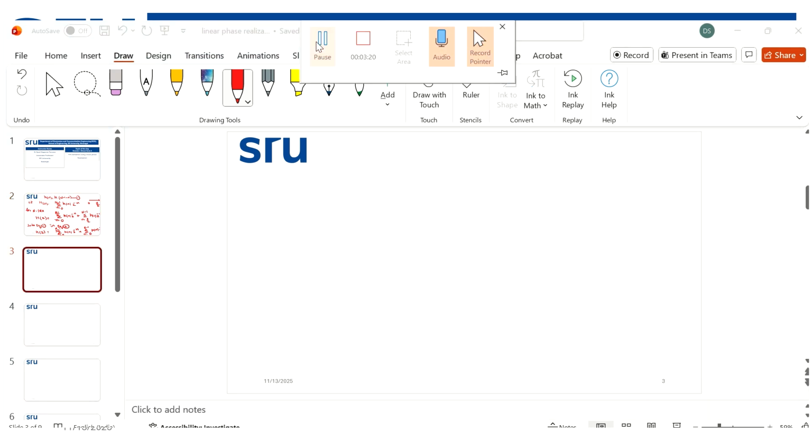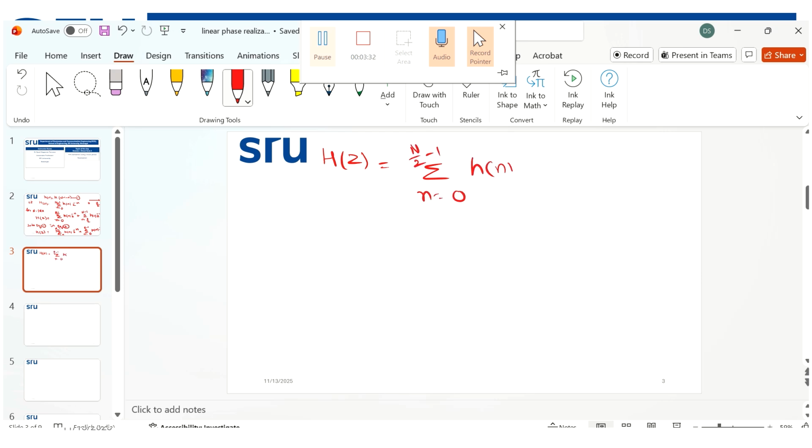From the above expression, take the common factor: H of z is equal to the summation of n equal to 0 to N by 2 minus 1 of h of n, taking h of n as common, into z power minus n plus z power minus of (N minus 1 minus n). Give it as equation number 3.